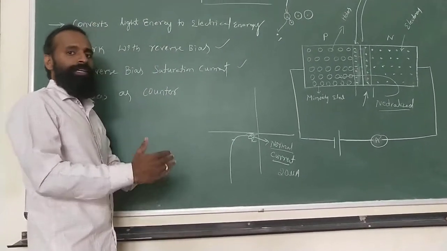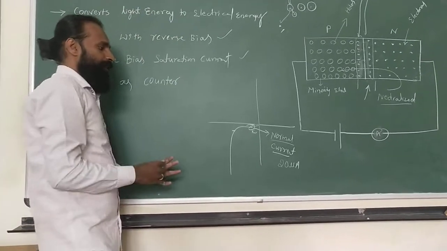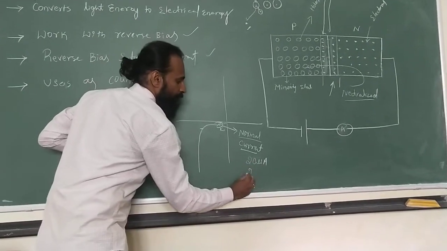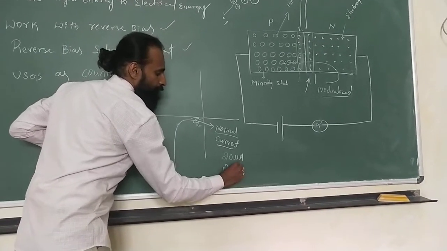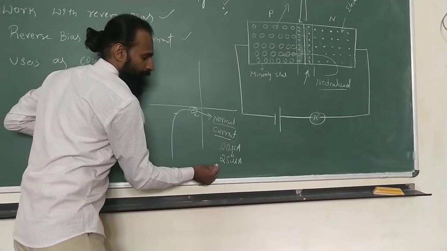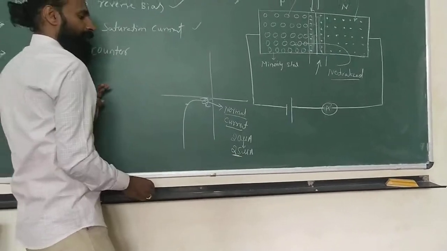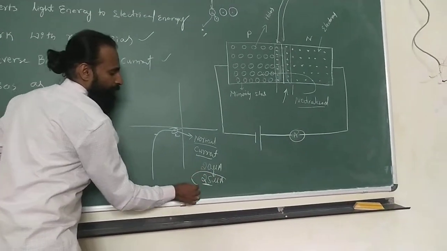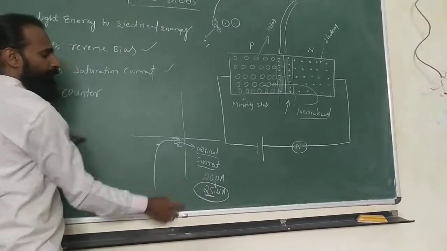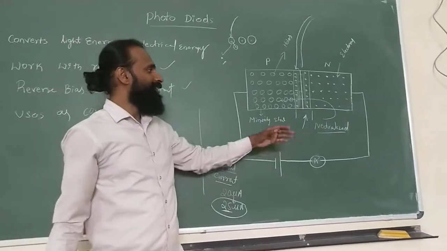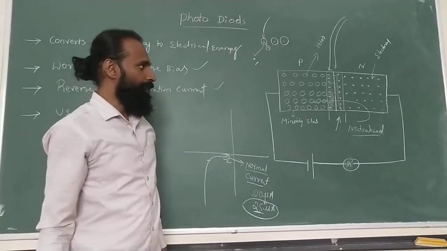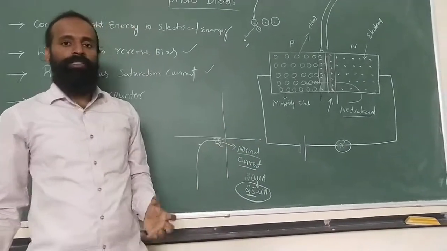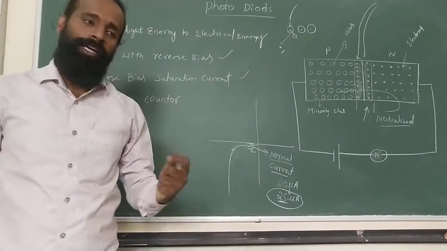So the current increases, let us say up to 25 microamp. So it changes from 20 microamp to 25 microamp. Observing this jump from 20 to 25 microamp detects the light incident on the depletion region, so it acts as a detector of light.